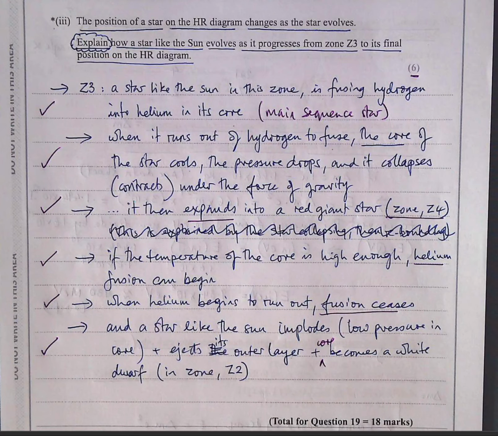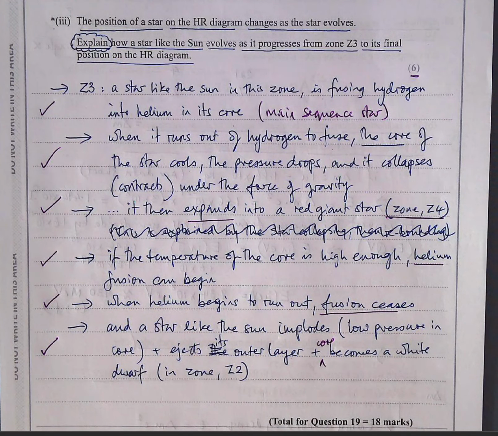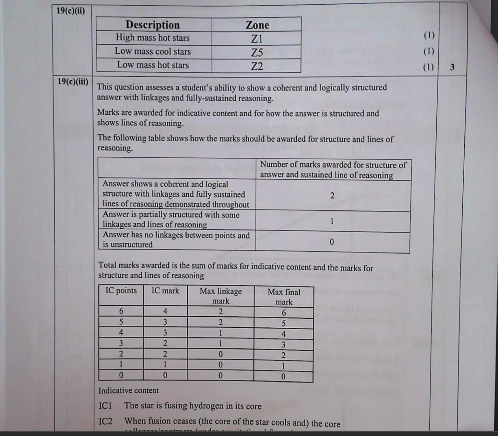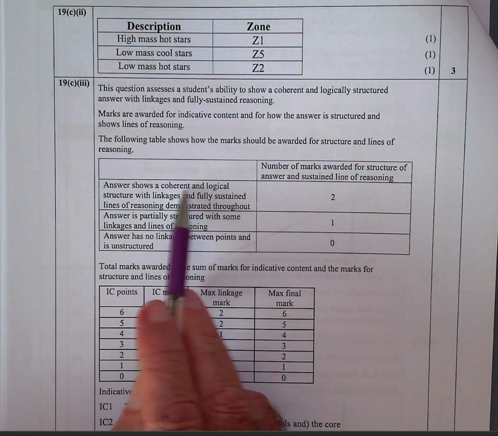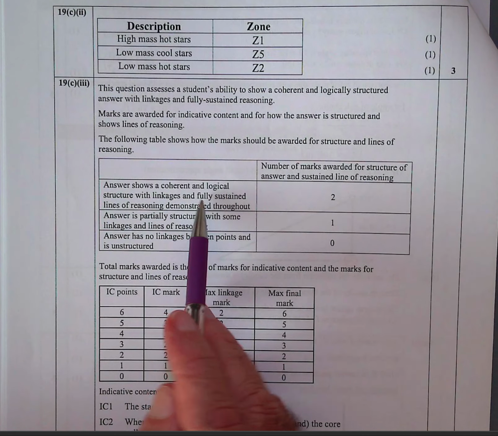Now if I show you how they're looking to mark this, if you make 4 of these points, you'll get 4 marks, okay? As long as they've understood your English. Then to get the extra marks is how you make the connections between the 4 points. So it's the quality of your written communication. If your answer shows a coherent and logical structure with linkages between the points you've made, you get an extra 2 points.